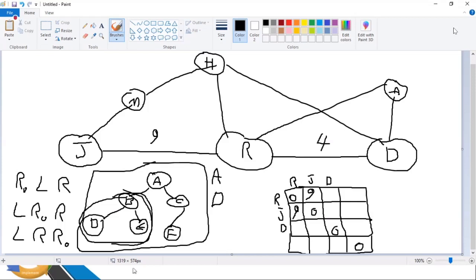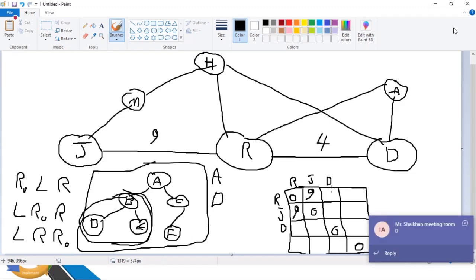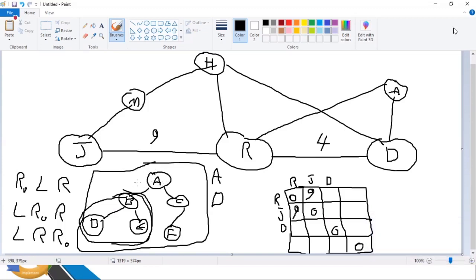Nasser said, I will go with L, R, and root. So now what is the first one for Nasser? Be careful. Agree, all of you? Let's see. Nasser said, I will take post order. So post order means that is the root. Is there a left? Yes. So left means there is another subtree.